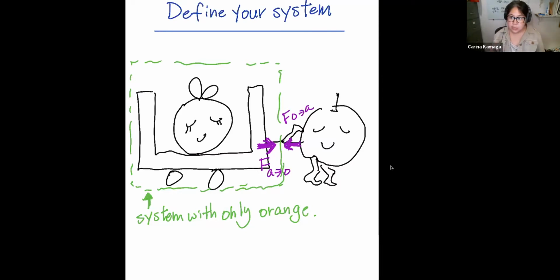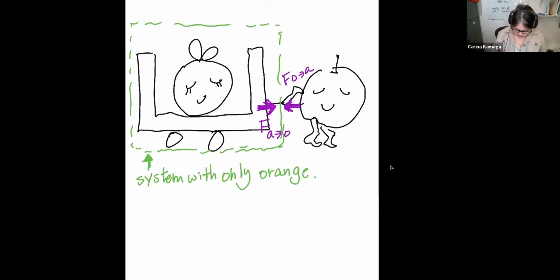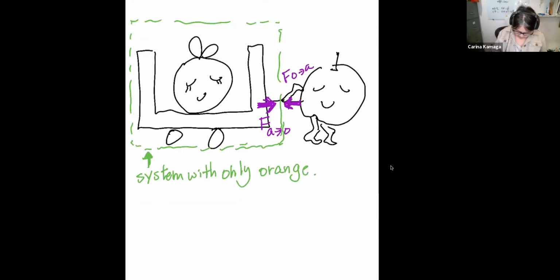However, since we're only looking at the orange as a system, let's say this force F of the apple on orange is equal and opposite to the force from the orange to the apple.